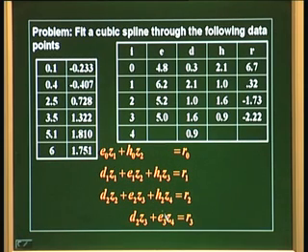So we have this set of equations, and then in these equations I can eliminate this whole first array of points, or the DIs.